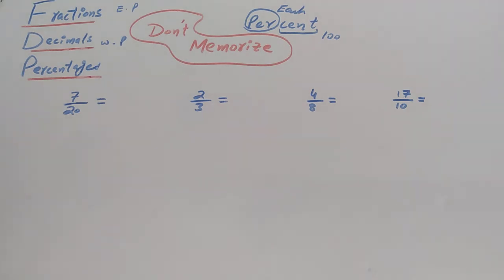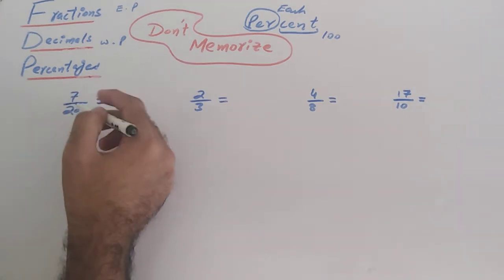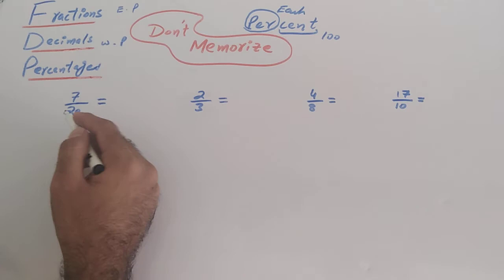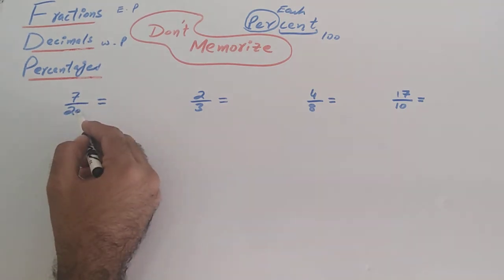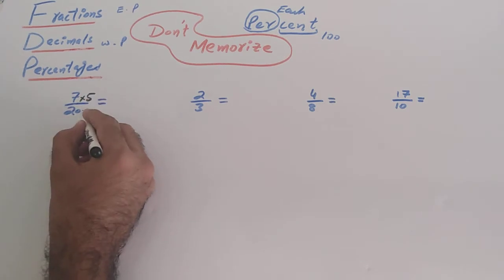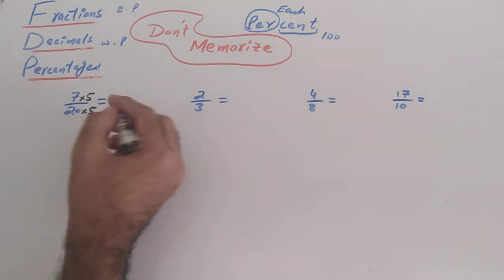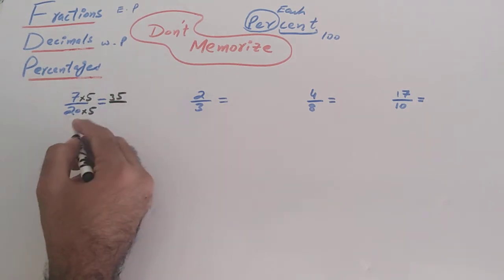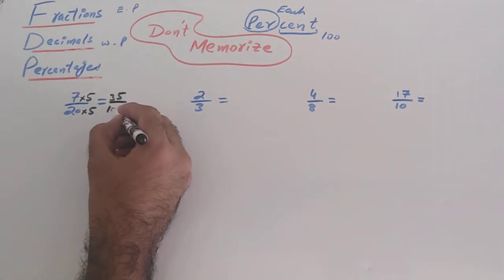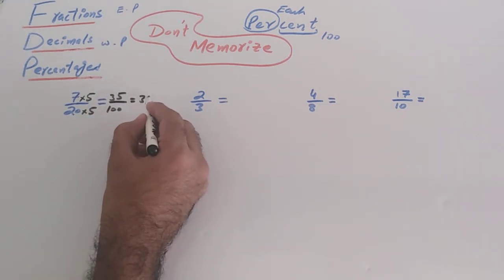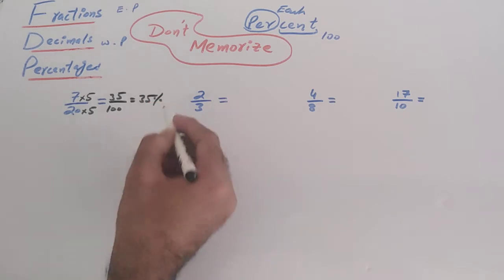What we can do is change the denominator to get 100 or a 10th. You can see this cannot go to 10, but it can go to 100. So you just have to times it by 5 to get an equivalent fraction. 7 times 5 will be 35, and 20 times 5 will be 100. So it is 35/100, so it will be 35%, right, or 0.35.